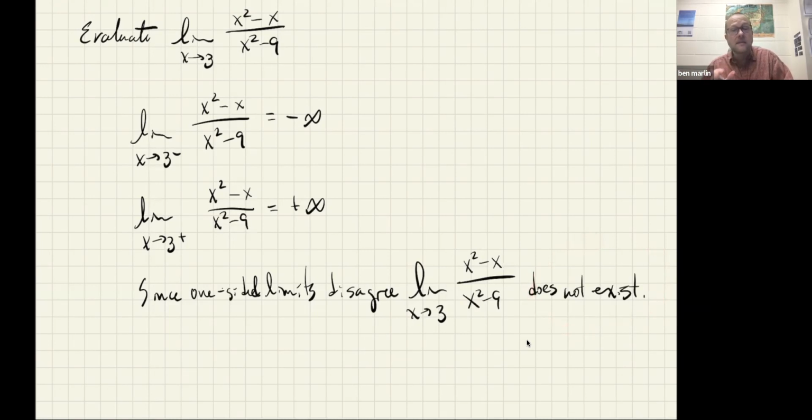Then the other thing is you need to notice I'm trying to teach you good writing habits. We say the limit as x goes to 3 of x squared minus x over x squared minus 9 does not exist. We do not write "lim does not exist." We do not write "lim as x goes to 3 does not exist."